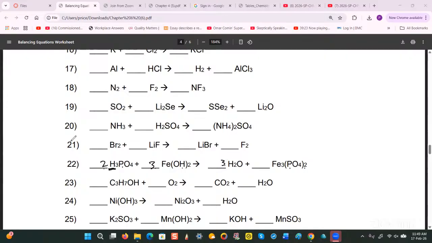So what I'll do is multiply this by 2. You have 12 hydrogens on this side, which balances the 12 on this side. You have 8 plus 6, 14, 6 plus 8, 14. Let me see what else. 3 irons, and that's it. So yes, that's the balanced equation right there.